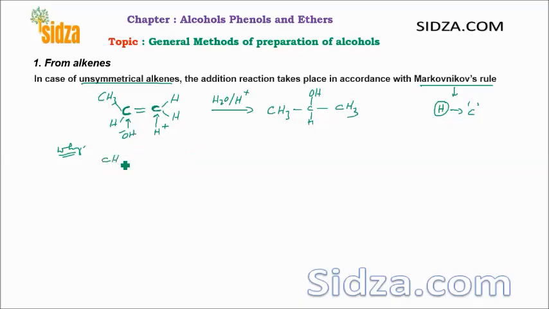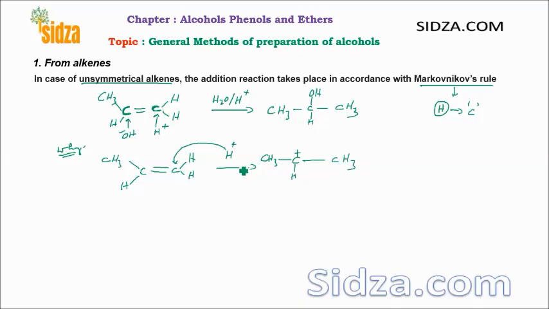Suppose the electrophile attacks the CH2 group, and the hydrogen goes to this particular carbon. So what do you get? You get a carbocation over here, CH3, CH plus, and the CH2 will change into CH3.